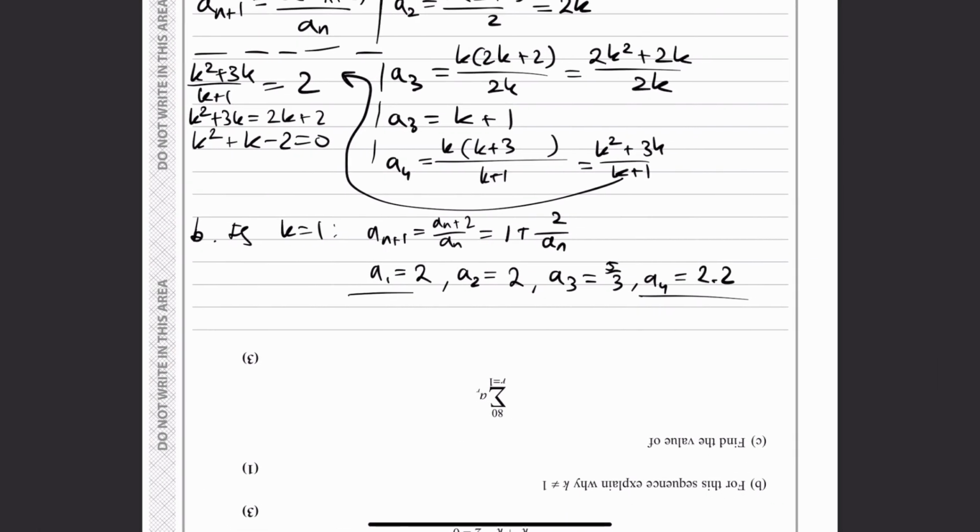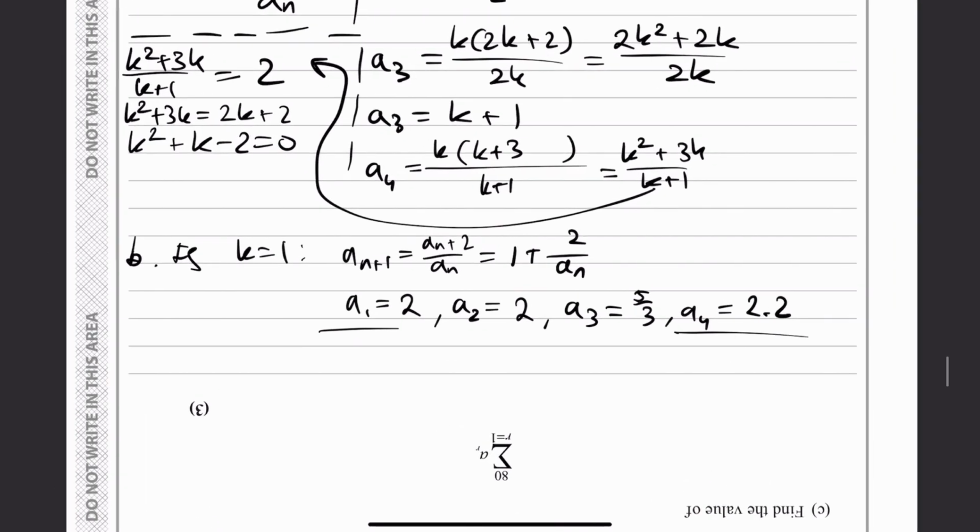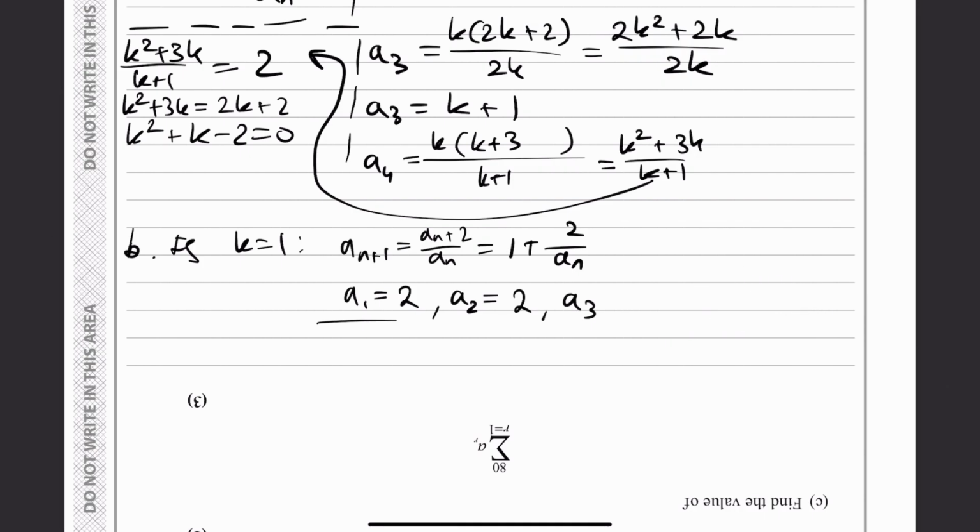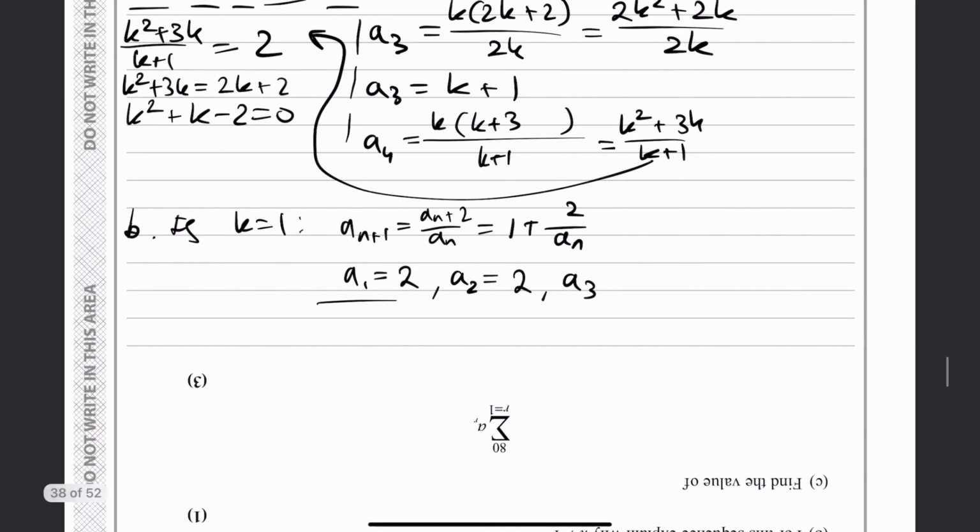But let's just make sure I've got that right. I think I made a mistake on the A3 term when I put it into my calculator. A3 is just going to be 1 plus 2 over 2.